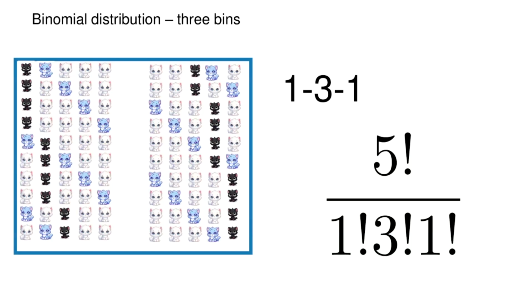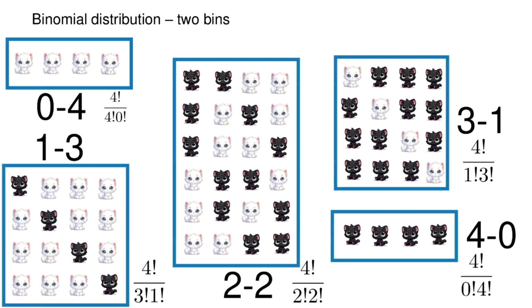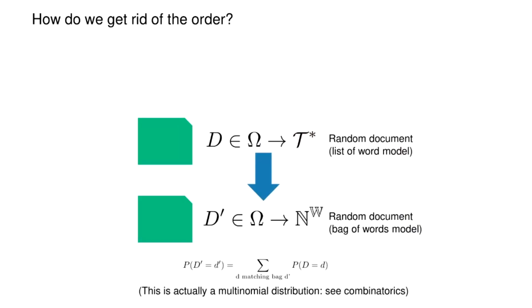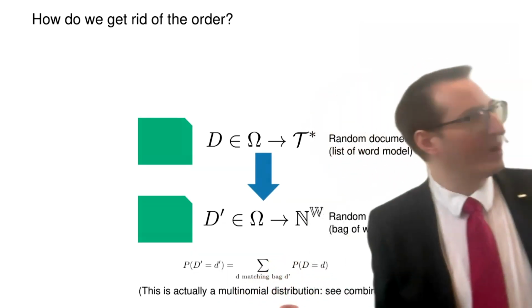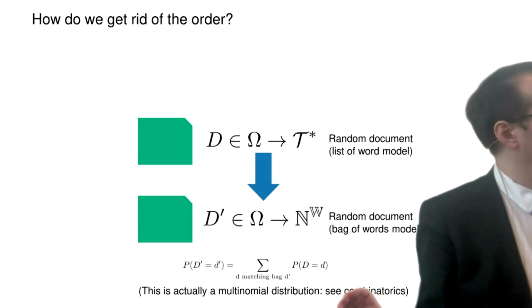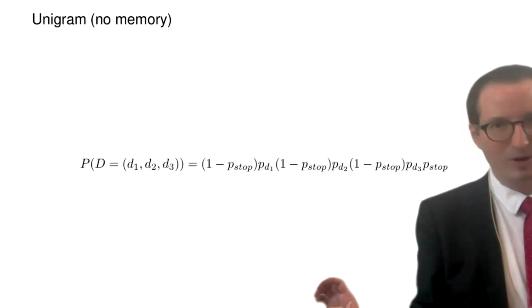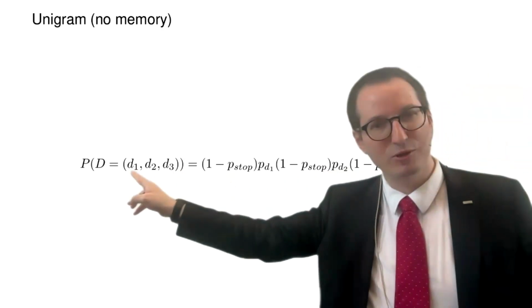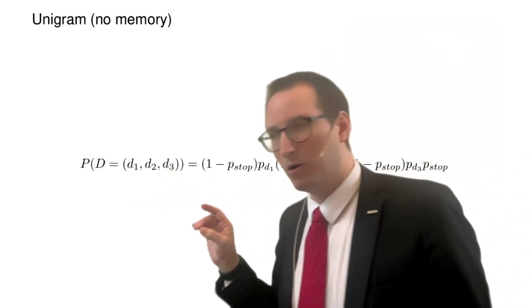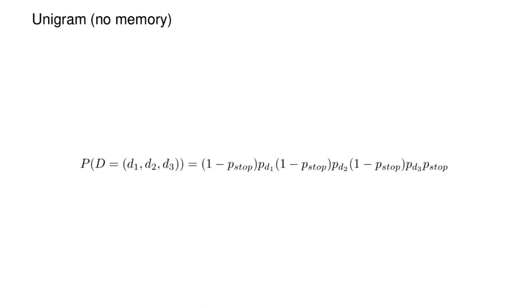Right? So doing that with all of these little cats basically allows us to compute this. Because you might agree that when you look at this formula right here, that computes the probability of getting a document in a specific order, the number I'm going to get out of this does not depend on the order.